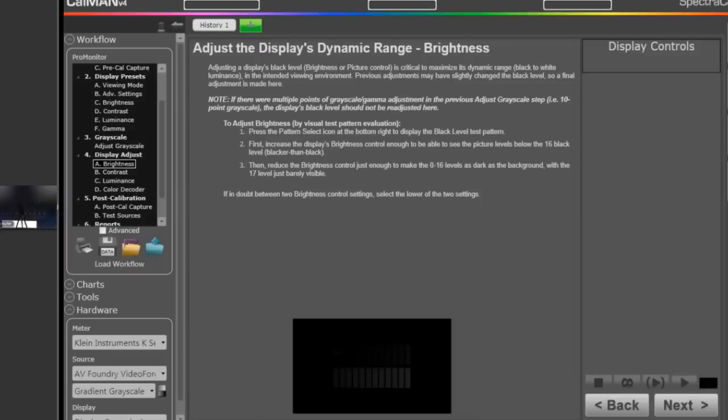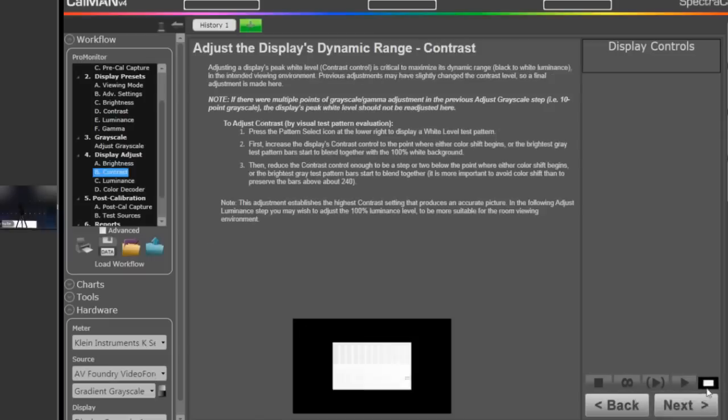Our next step then is to go to the contrast adjustment step. Let me reset the exposure on my webcam. And with that exposure setting, it's creating a bit of a color shift in the webcam for you that is not indicative of what we're seeing here on the screen.